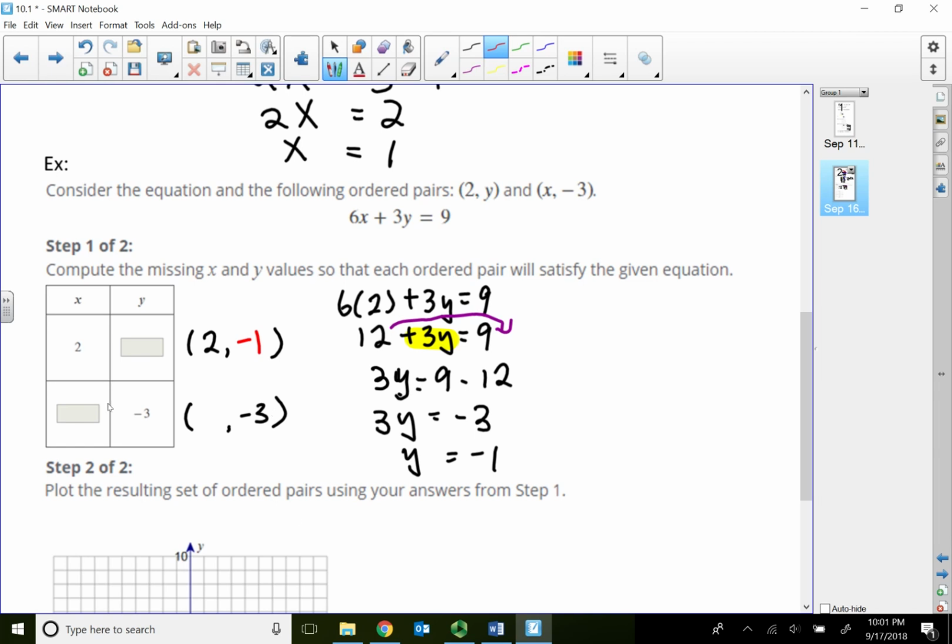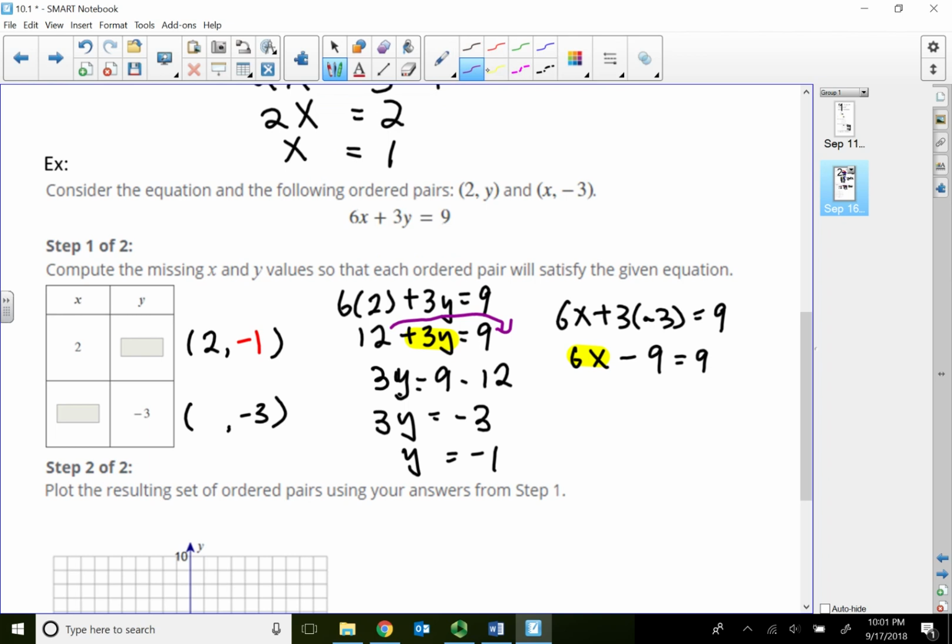Let's do the same thing for my second point, except this time I'm substituting -3 for y. So that will be 6x plus 3 times parenthesis -3, substitute -3 for y, equal to 9. So that will be 6x minus 9 equal to 9. Since my variable term is positive, let it stay there.